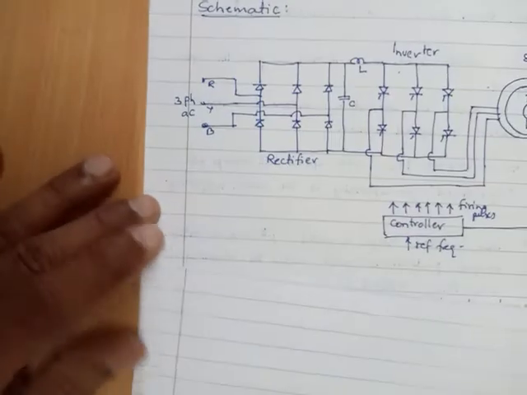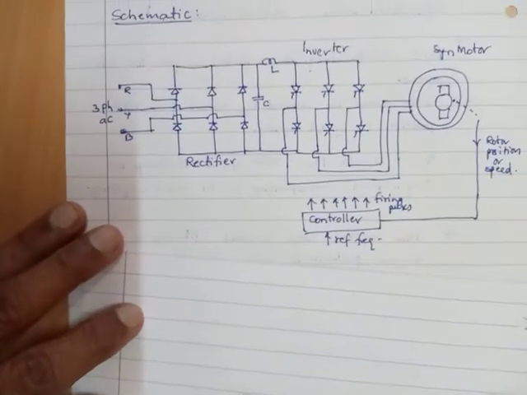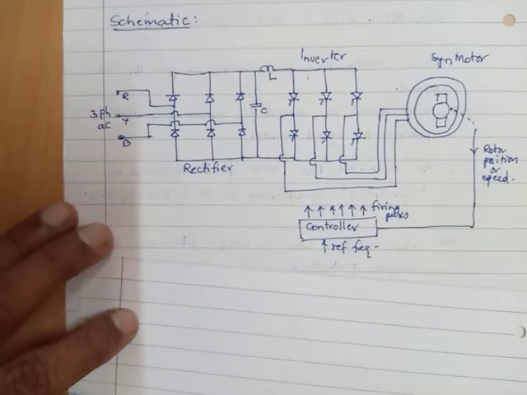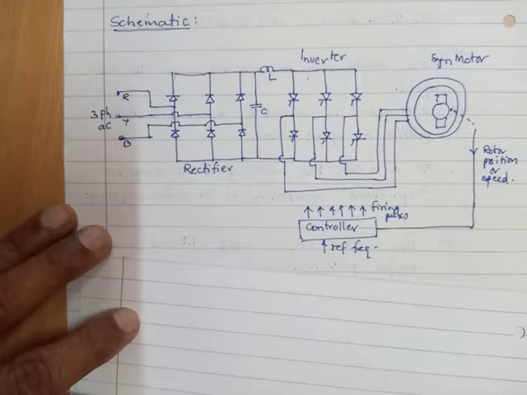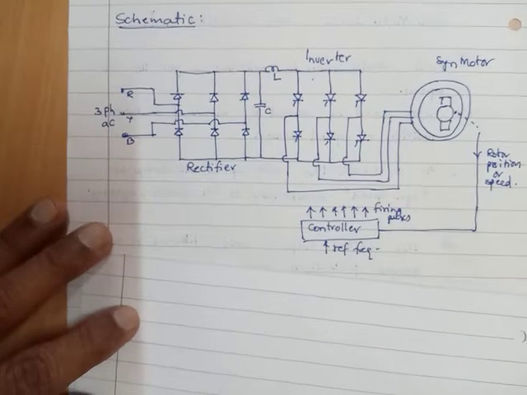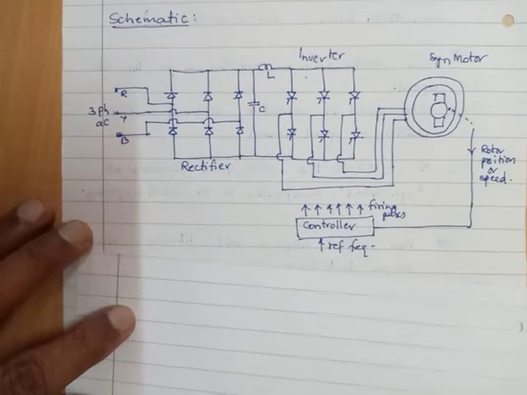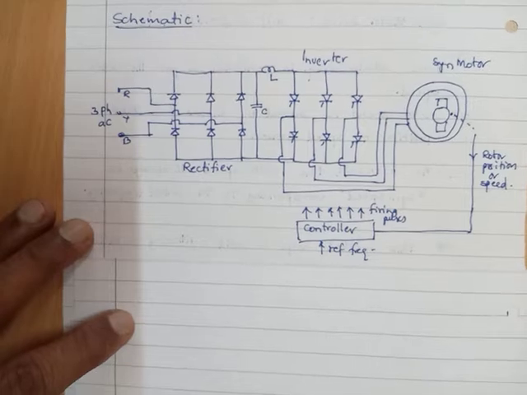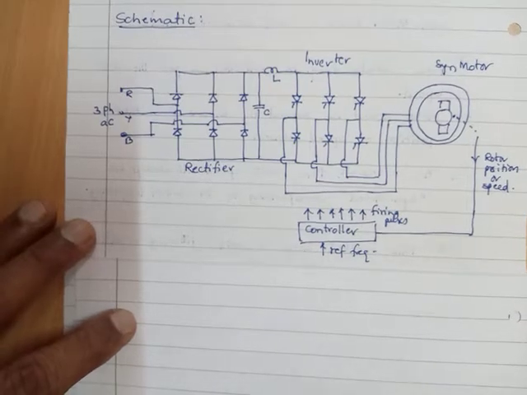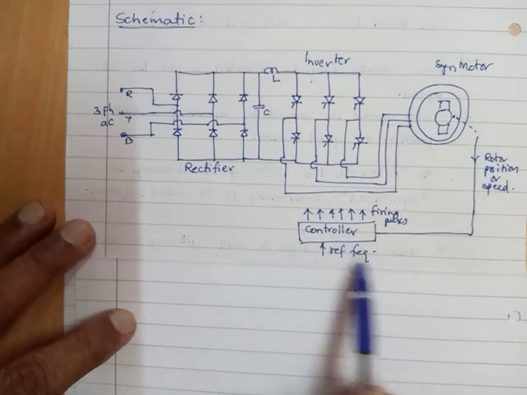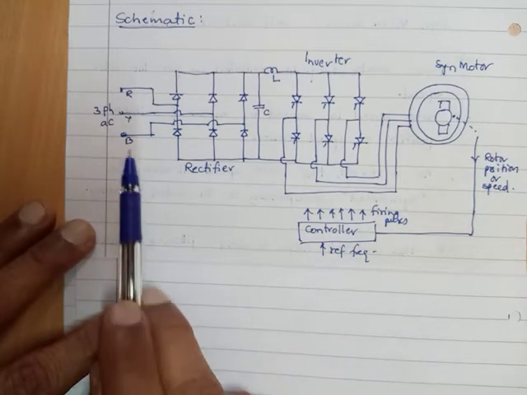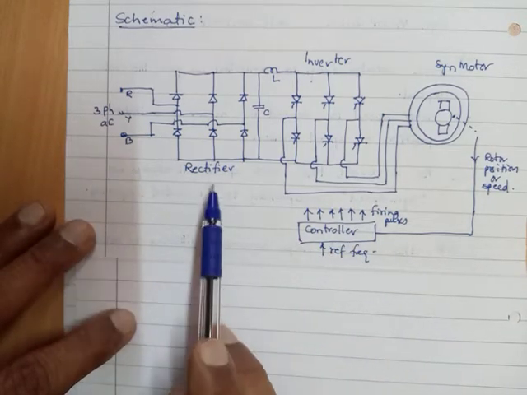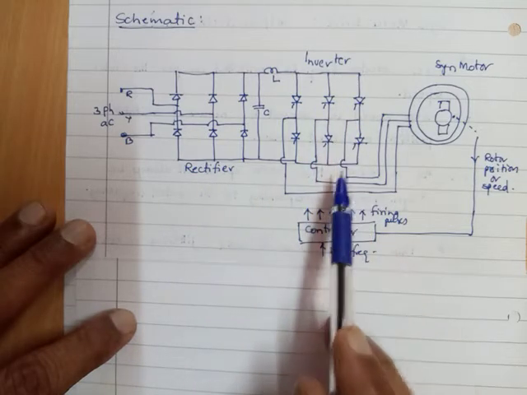What is this method? How is the realization done? Look at the scheme. Observe carefully. Looking at the scheme, the working also will be clear to us. We have the synchronous motor, controller, three-phase AC supply, rectifier, inverter.